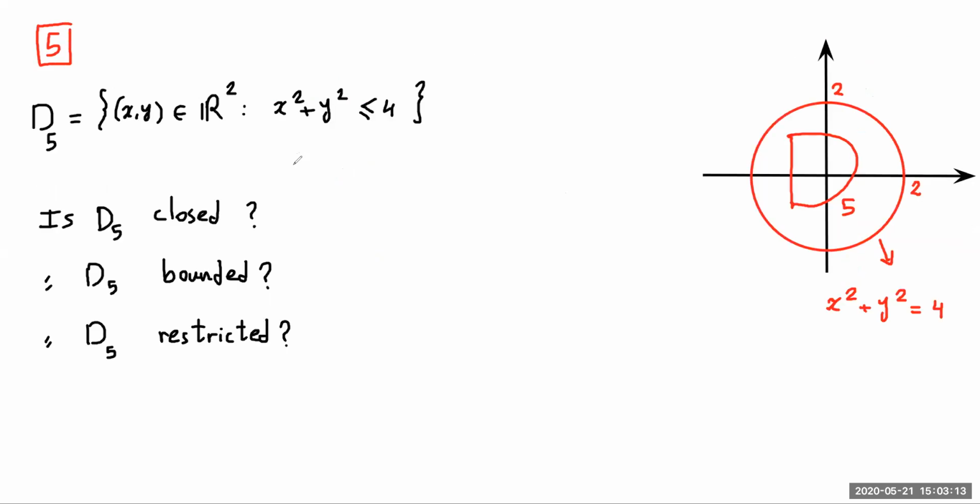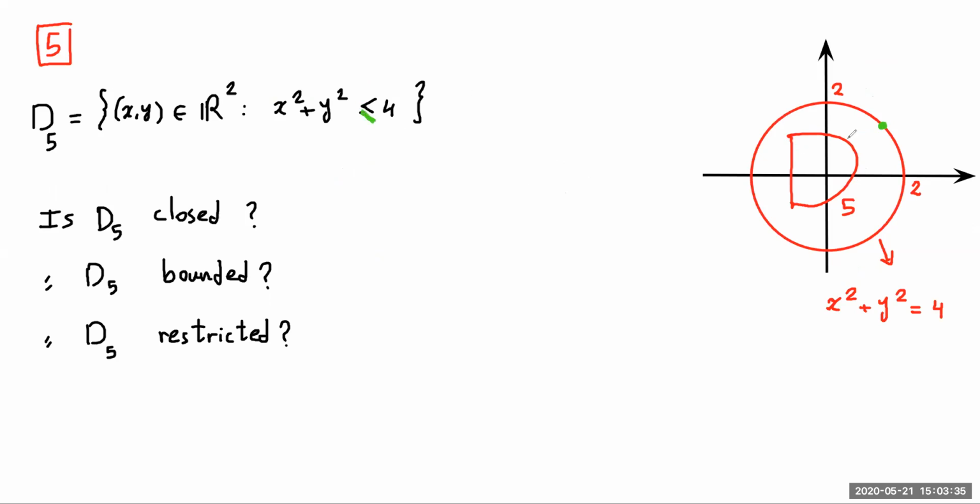Next example, the region D5 inside the circle of center 0, 0 and radius 2 with the points of the circle. So any point here on the circle is included in D5. So because of this, we have equal here.